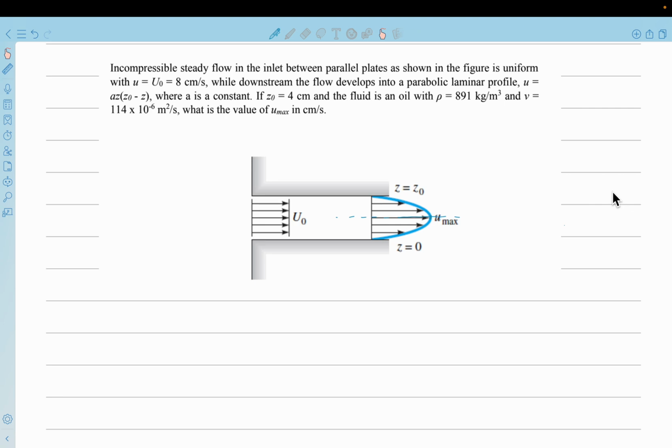See, we are going to use Reynolds transport theorem, and we are basically saying that there is some quantity conserved, right? So I am going to draw a control volume here.